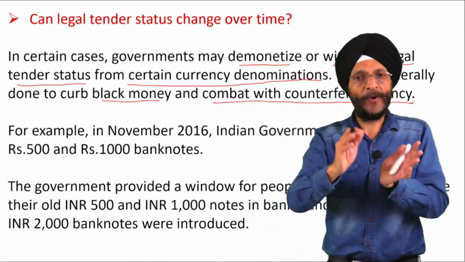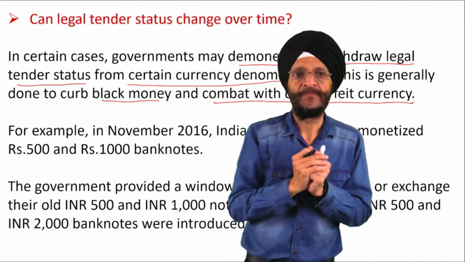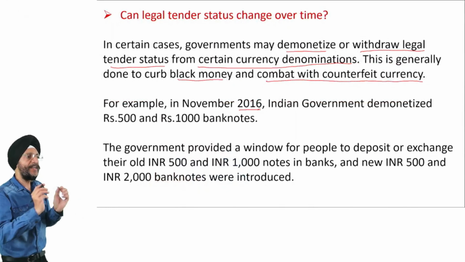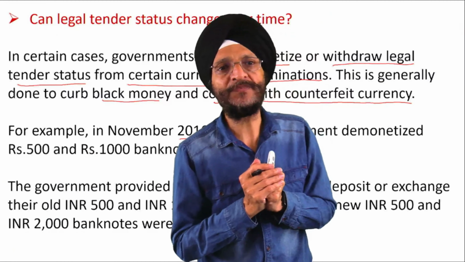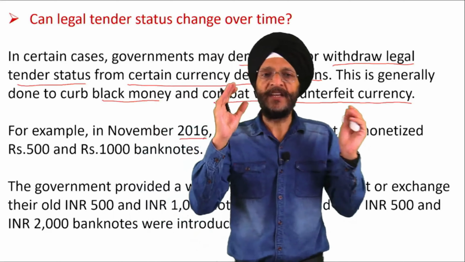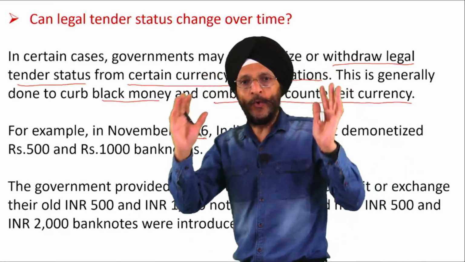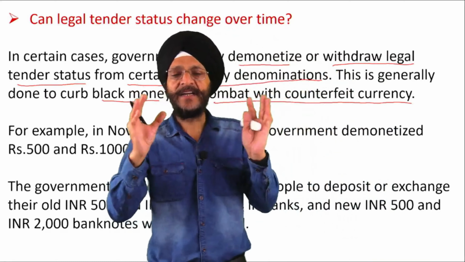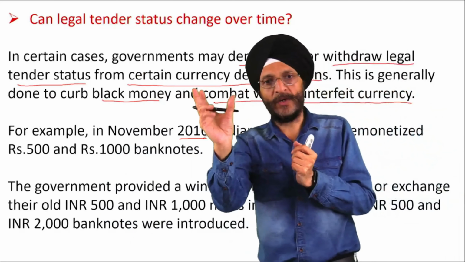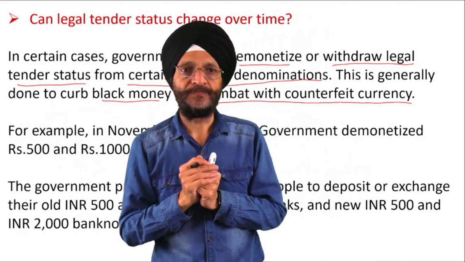We have an example of it in our history so far as India is concerned. In November 2016, Indian government demonetized rupees 500 and rupees 1000 banknotes. It means that in November 2016, Indian government withdrew the legal tender status which it had accorded to 500 rupee currency note and currency note of 1000 denomination.